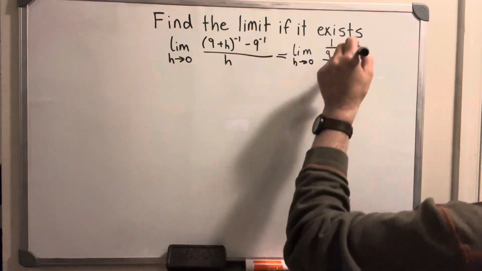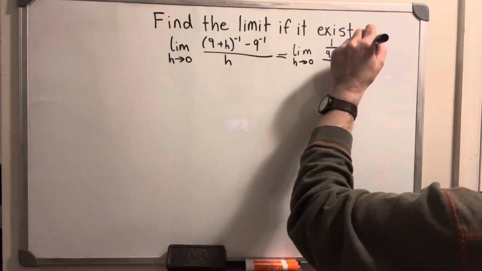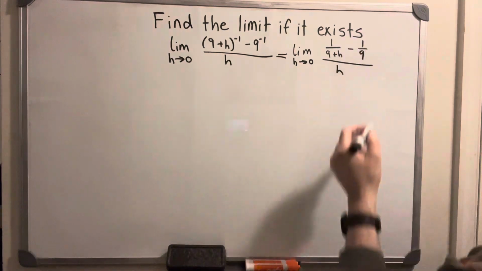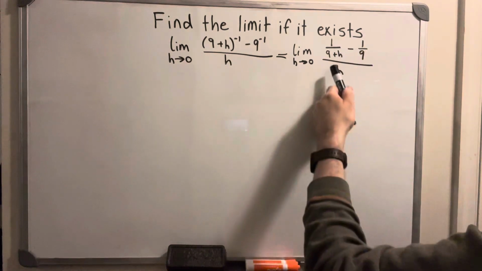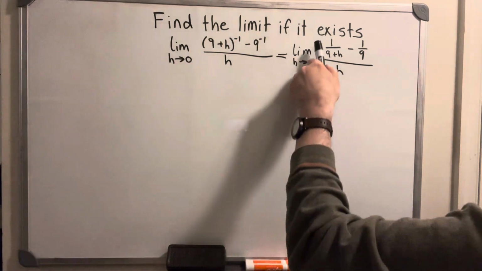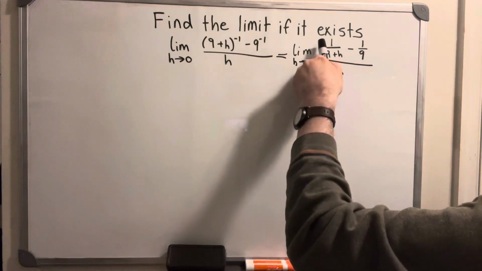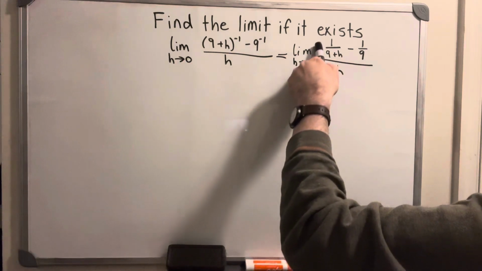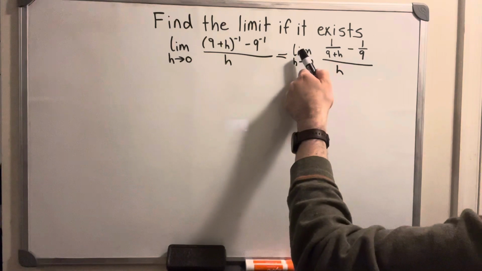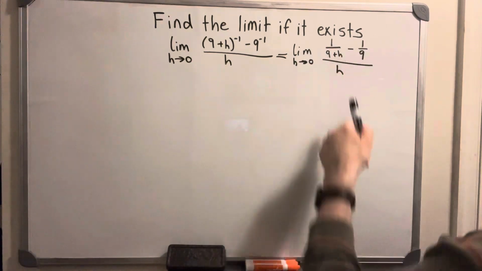Let's do the same right here. 9 to the -1st is just 1/9. So now we have this. And we still can't convert this into a quotient of limits. And since this top isn't a limit function by itself yet, we cannot bring the limits into here.